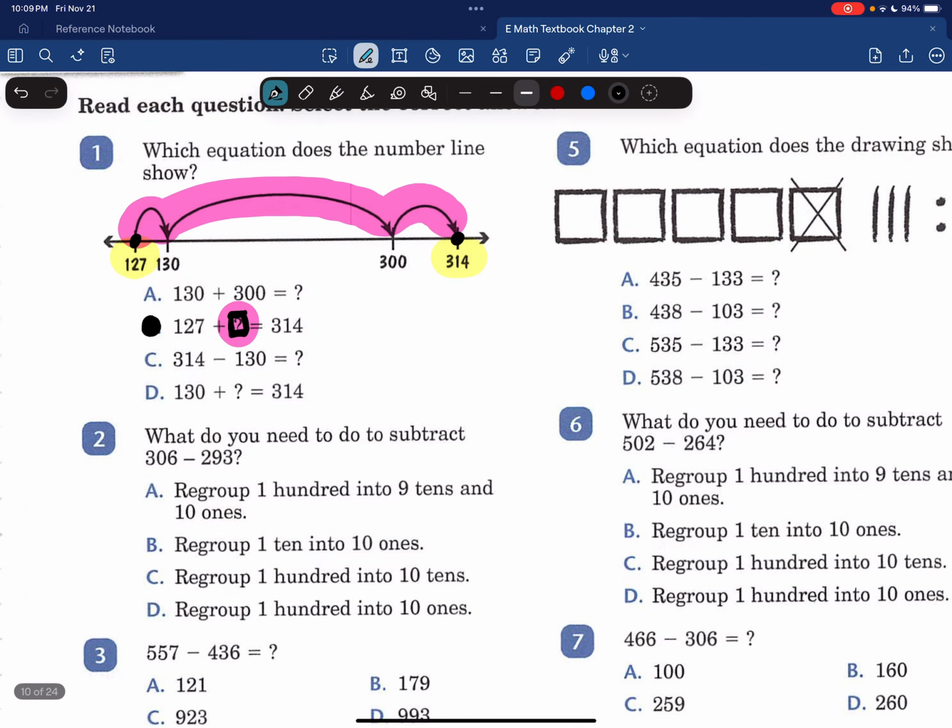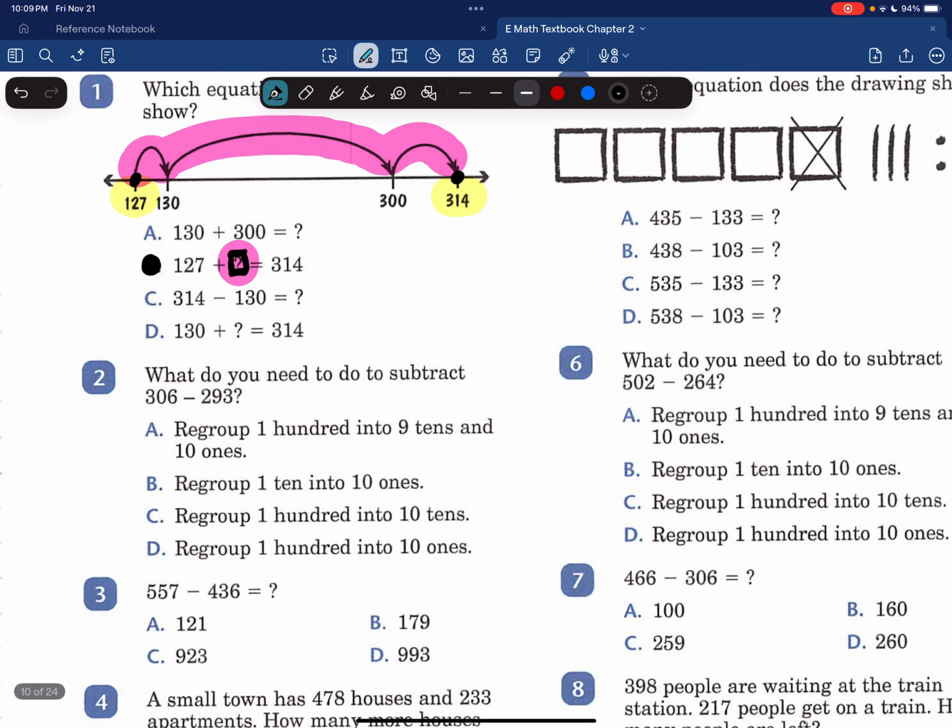Number 2, what do you need to do to subtract 306 minus 293? So I think on this one, I'm going to use the algorithm because it will get confusing really fast if we don't keep it as simple as we can. So let's see what we can do right here. 6 take away 3, I can do that.